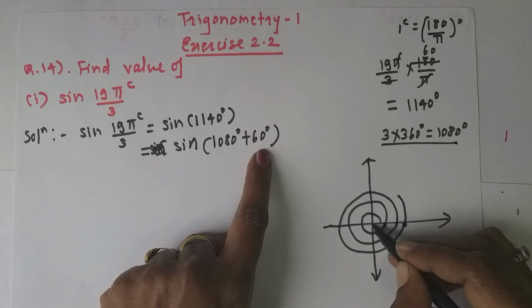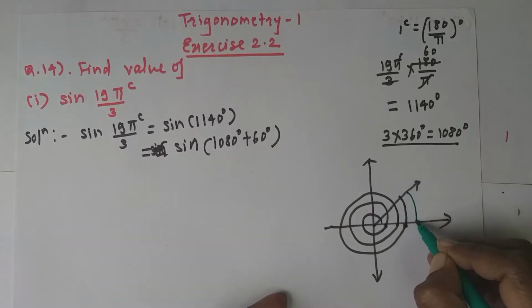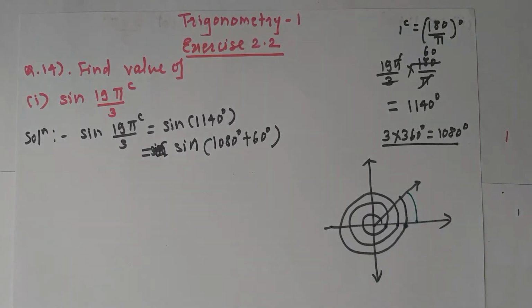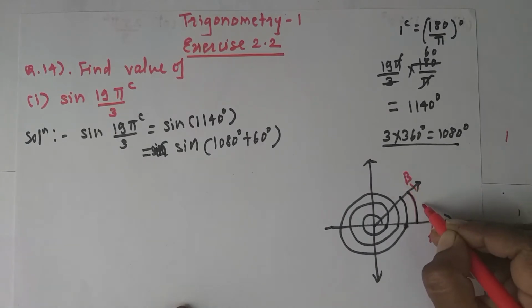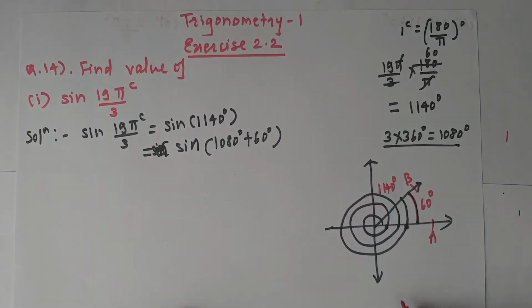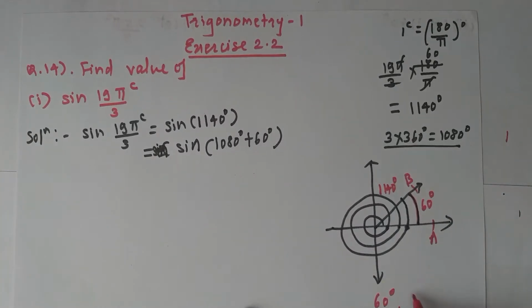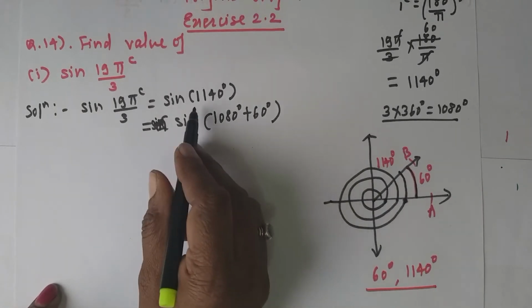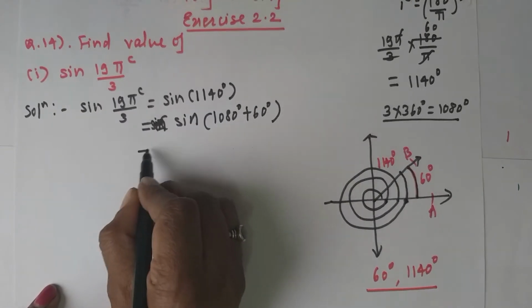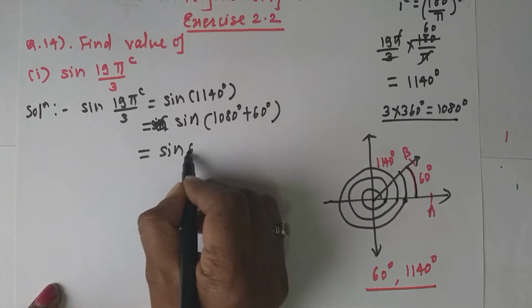Now see here, this angle of 60 degrees, and if this is point A and this is B, then these two angles, 60 degrees and 1140 degrees, are coterminal angles, therefore their trigonometric functions are the same. This sine 1140 degrees is nothing but sine 60 degrees.